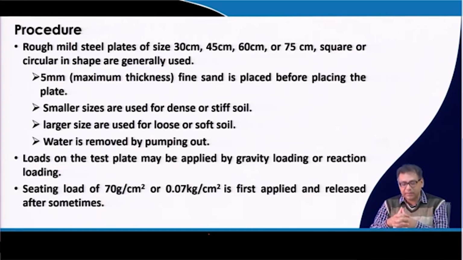And after 75 centimeter the effect of plate size is not significant, okay? It is negligible. So, that is why you use 30 to 75 centimeter plates, because after 75 no such size effect is there.